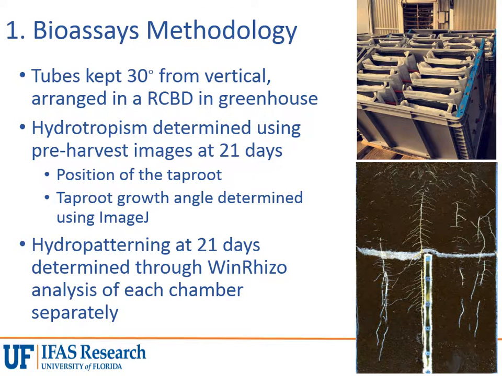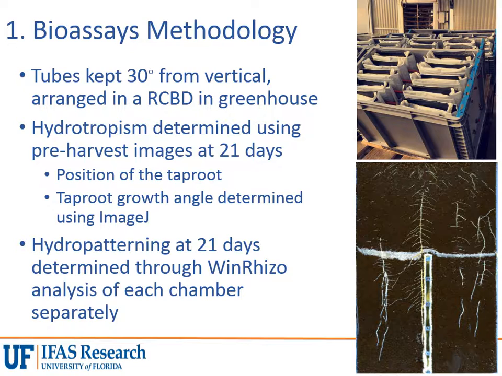These tubes we grew at 30 degrees from vertical in a greenhouse to encourage root growth along the clear front plate so that we could image these roots in situ over time. And we grew them for 21 days. Hydrotropism was determined using these pre-harvest images.